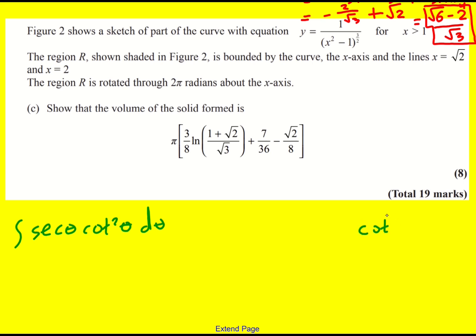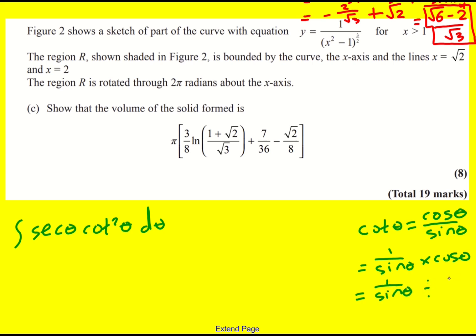Cot theta is equal to cos theta over sine theta, which can be written as 1 over sine theta times cos theta, which is actually the same as 1 over sine theta divided by 1 over cos theta, which becomes cosec theta over sec theta.